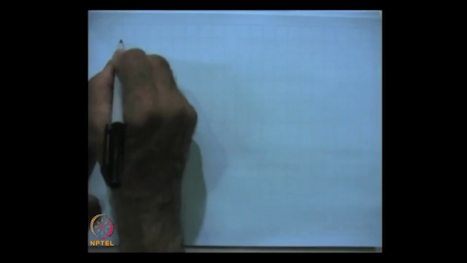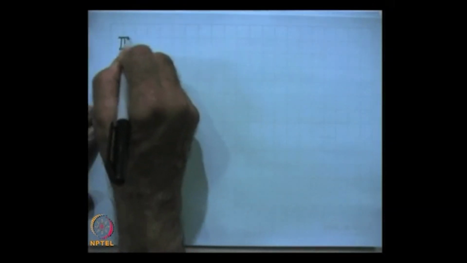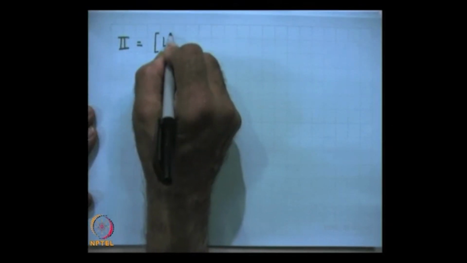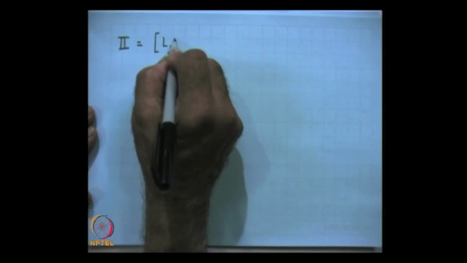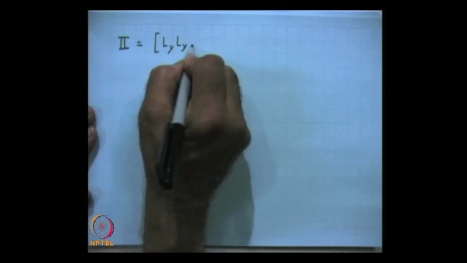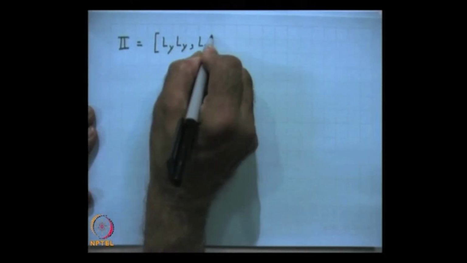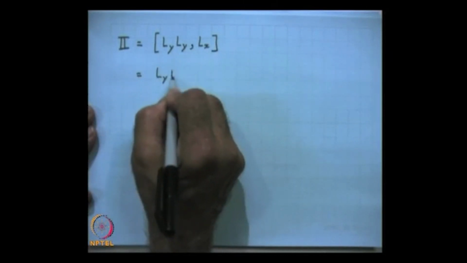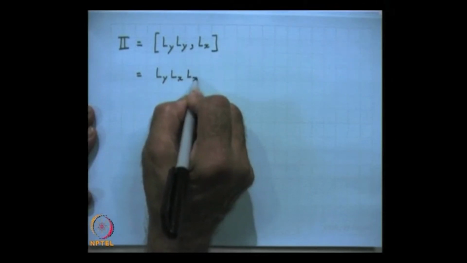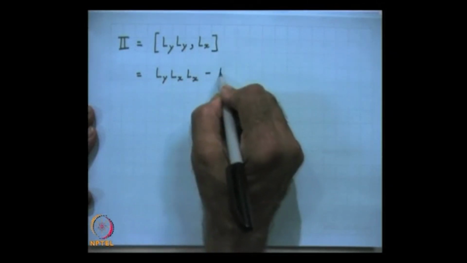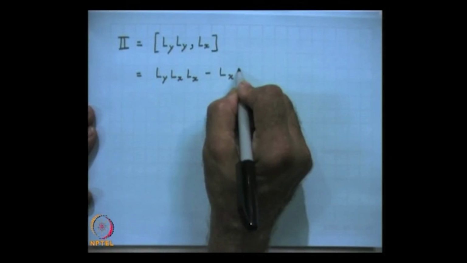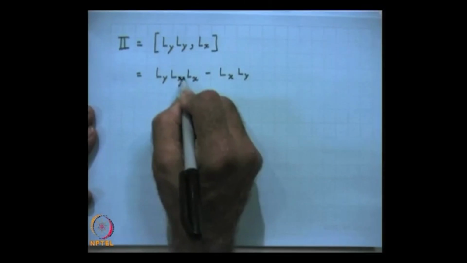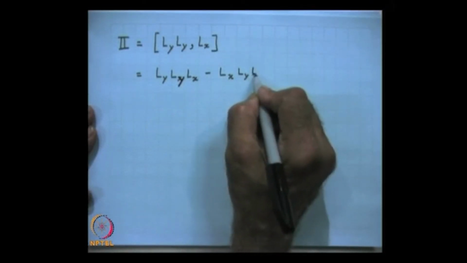So, let me calculate the second term, which is equal to Ly square, Lx. So, that is Ly Ly Lx minus Lx Ly Ly.